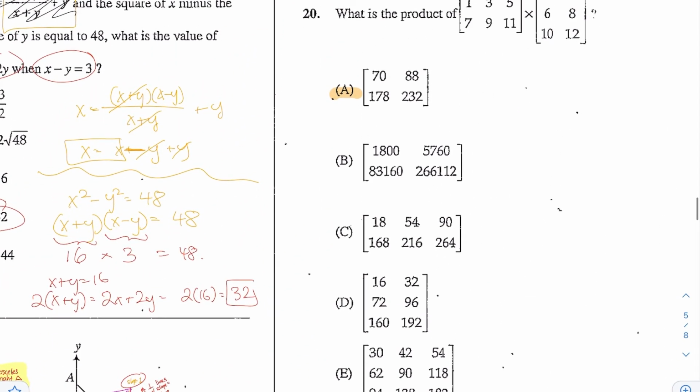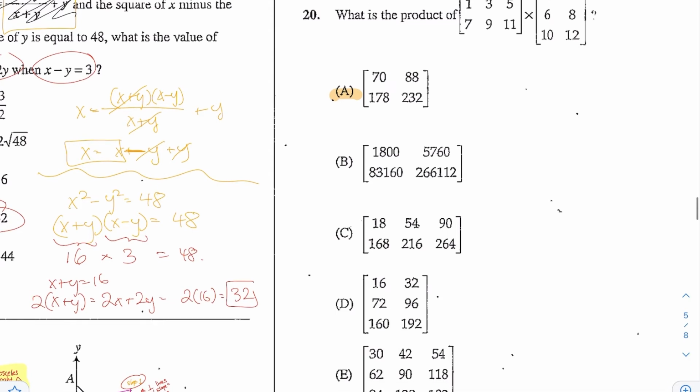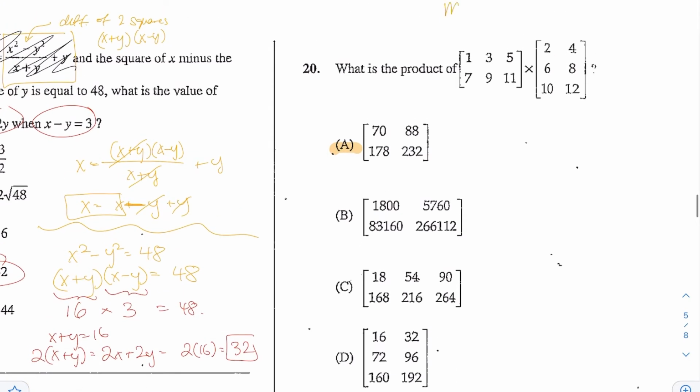All right, next for number 20, what is the product of this 2 by 3 matrix and this 3 by 2 matrix? So this is something you'll do later on in high school, but when you multiply matrices, a matrix is just a bracket that consists of rows and columns of numbers.